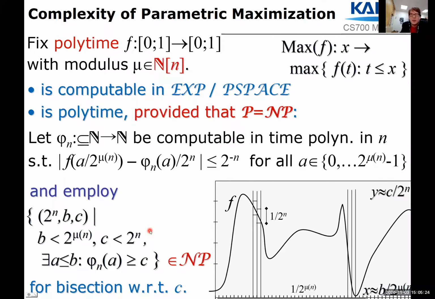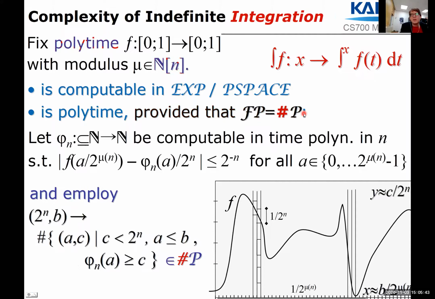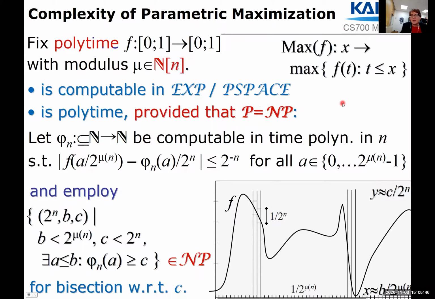And now we're going to move on to integration. Right. So yeah, before that, let me point out, we have a PSPACE algorithm, we have an NP algorithm, but the NP algorithm is not really helpful because it depends on the millennium problem, which most people believe to be wrong.